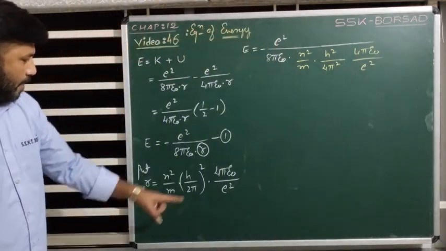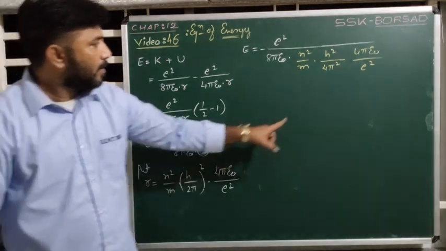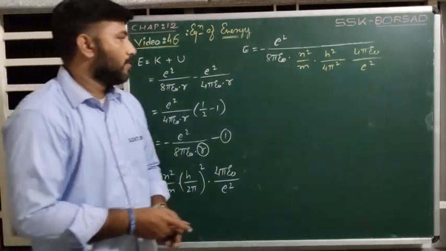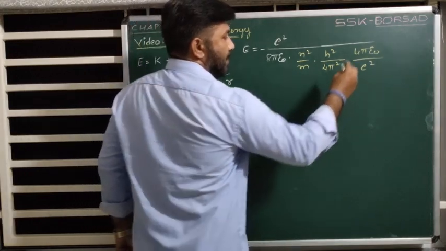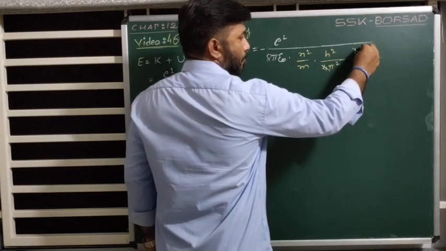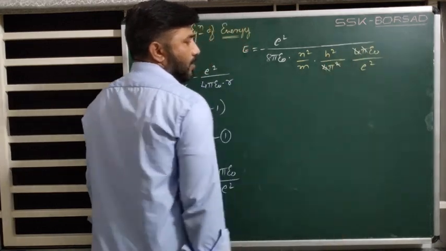So we have placed the value of r here. Now cancel out: 4 will cancel out and pi will cancel out.